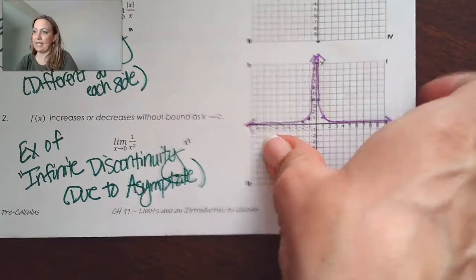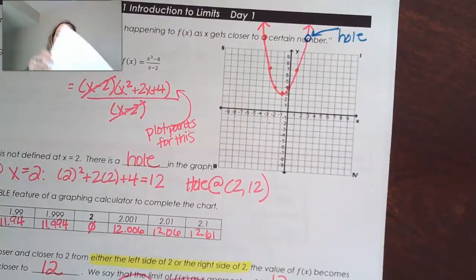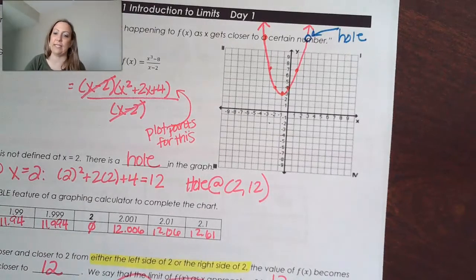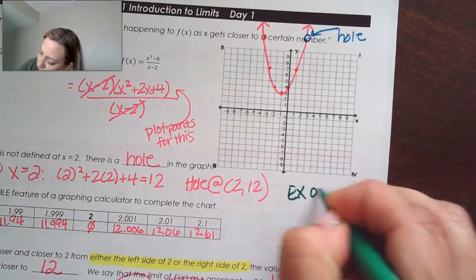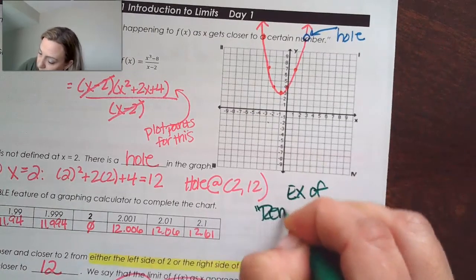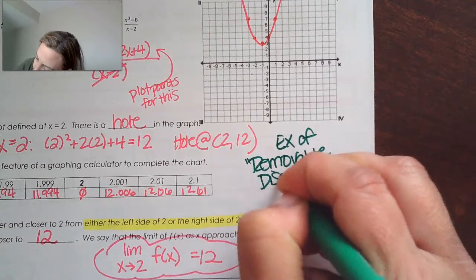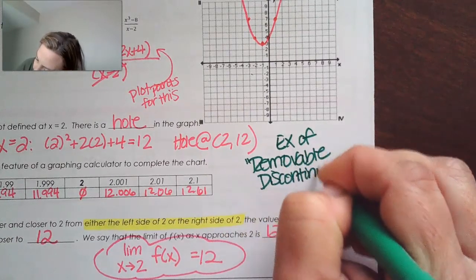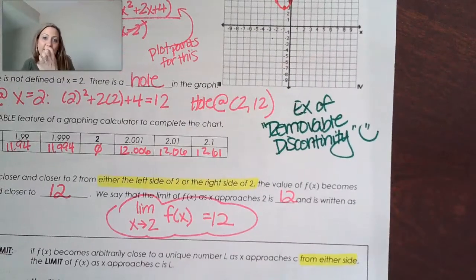So another type of discontinuity is the one that we had in our first example. The one that we had in our first example is an example of a removable discontinuity. And notice that these are okay. The limit can still exist when you have a removable discontinuity.